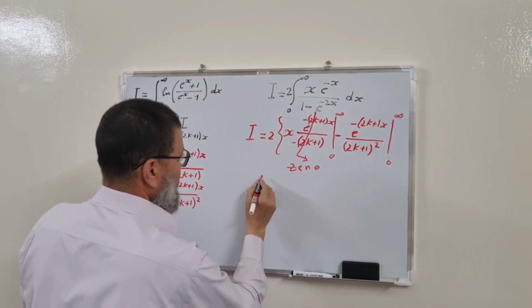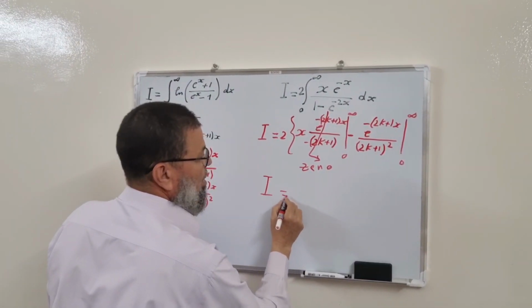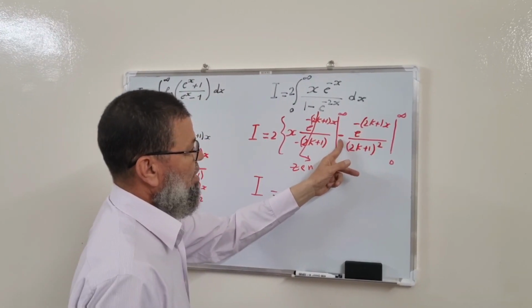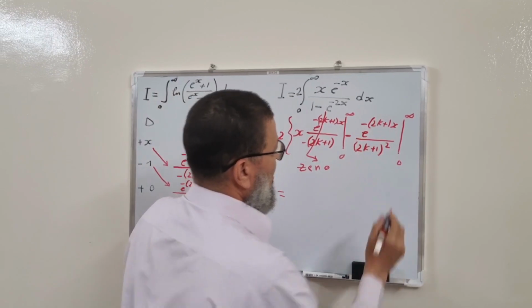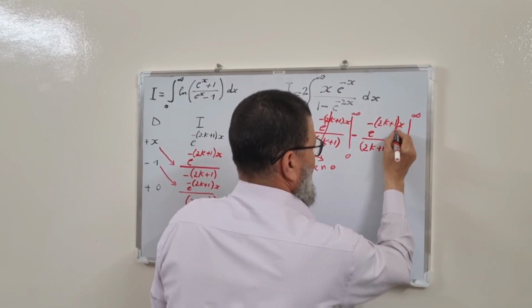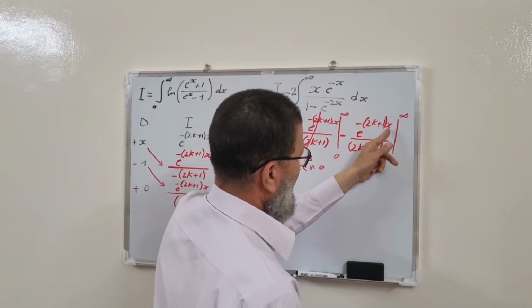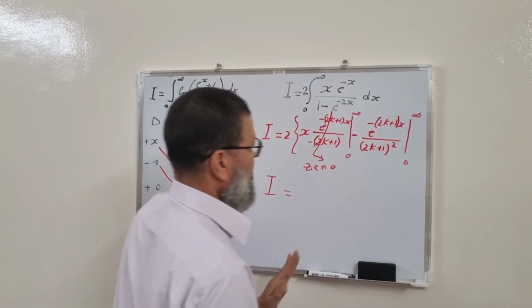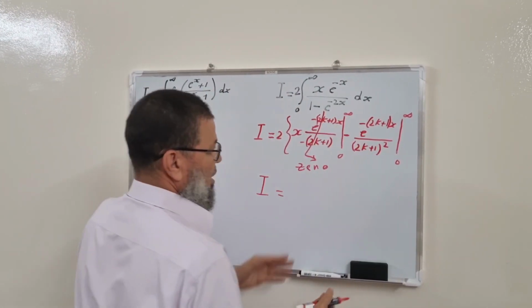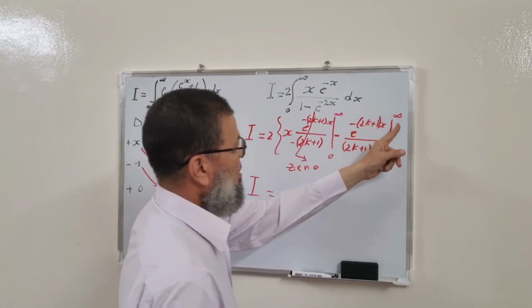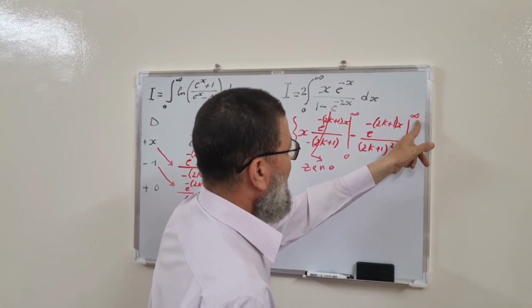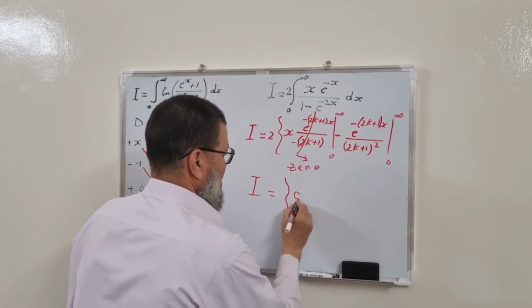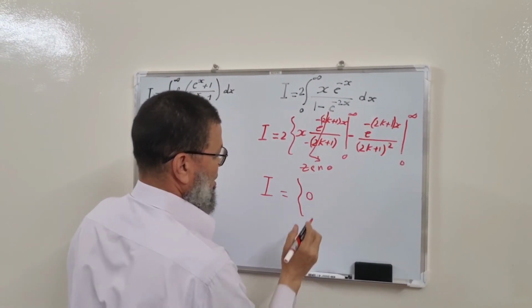So the integral will be reduced to I equal to minus e^(−(2k+1)x) divided by (2k+1) squared. At x equal infinity, this will be 0.